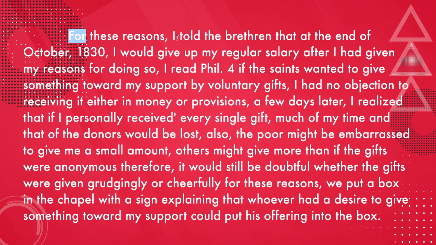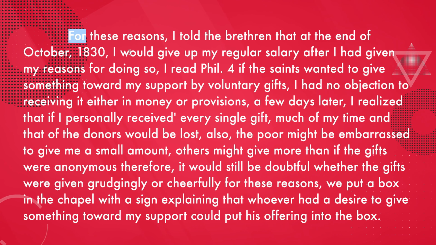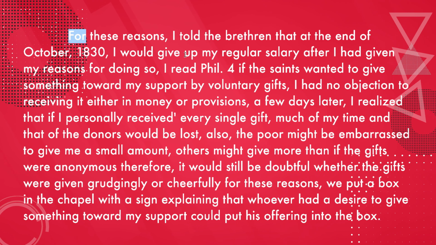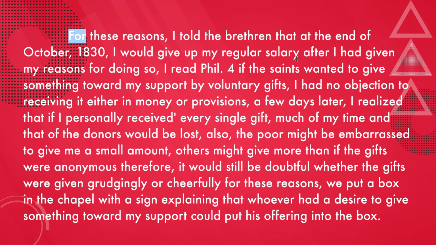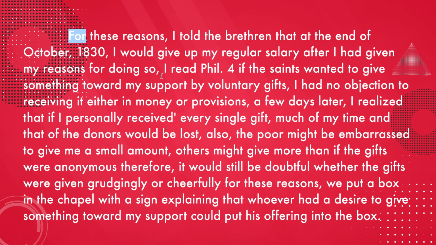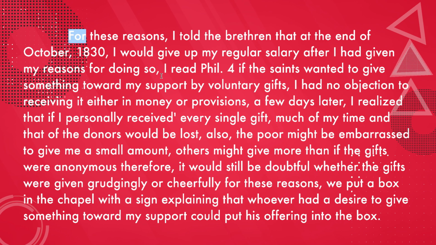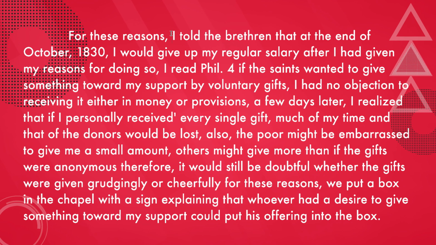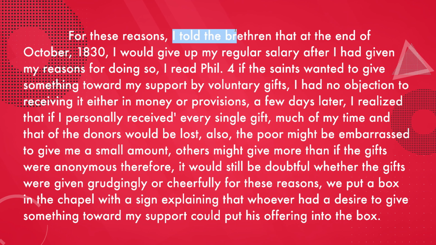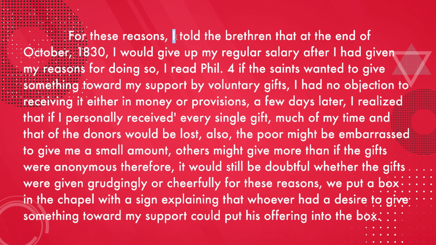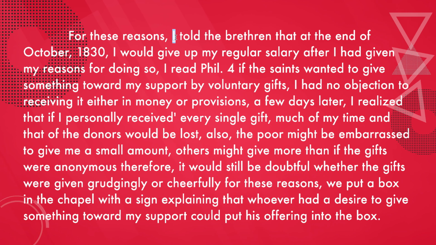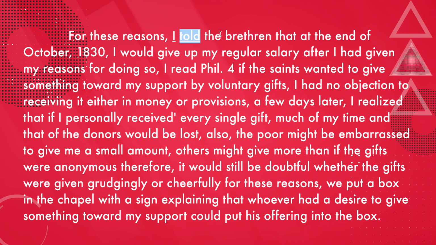For these reasons, I told the brethren that at the end of October 1830, I would give up my regular salary after I had given my reasons for doing so. Okay, could you see something there? Like this one is okay, right? I told the brethren, so you have this for your subject, and this is the verb.